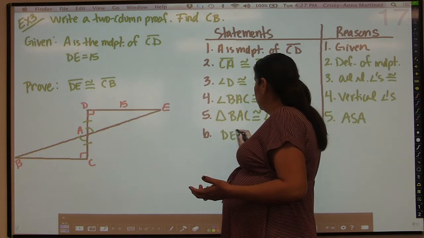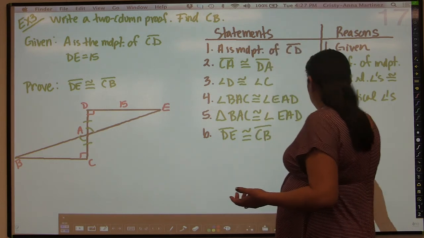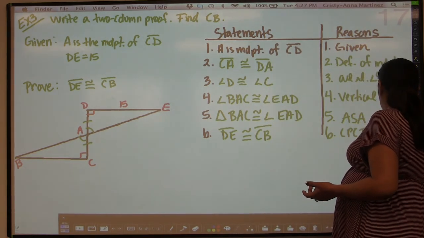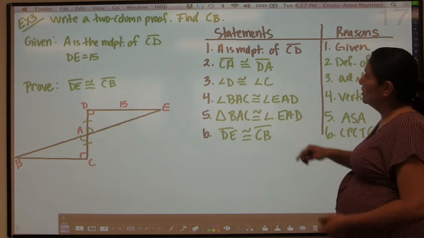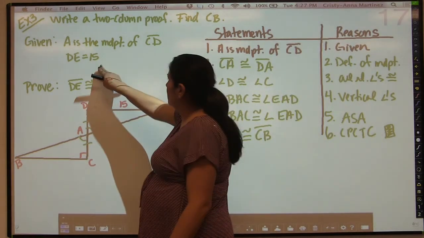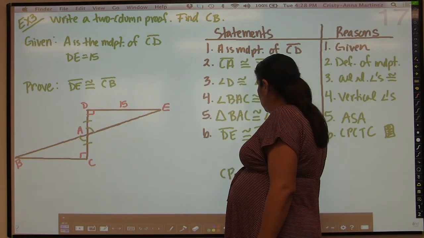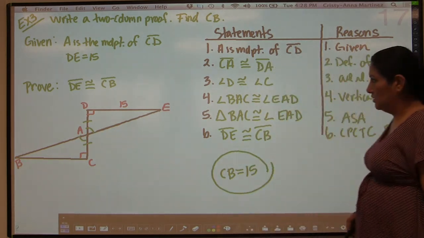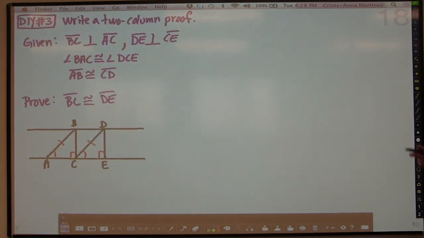So DE is congruent to CB by CPCTC. So we proved that the two segments are congruent, and since we already knew from here that DE was 15, then it's also true that CB also equals 15, which is what they wanted us to answer in the first place. So that's example 3, and now you want to try this little guy.